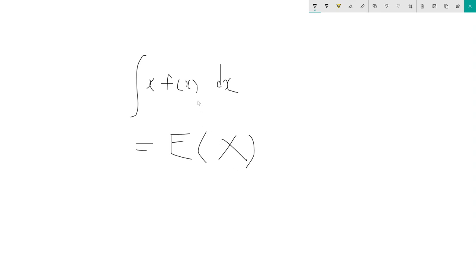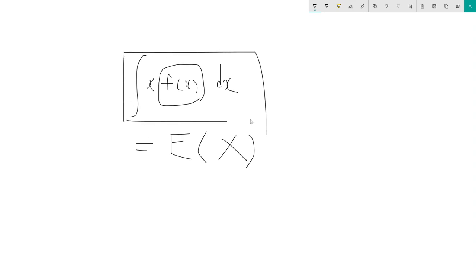So even if you know the density function, it's not easy to compute this integral. In special cases like normal density or t density or another standard distribution density, this integral can be computable.